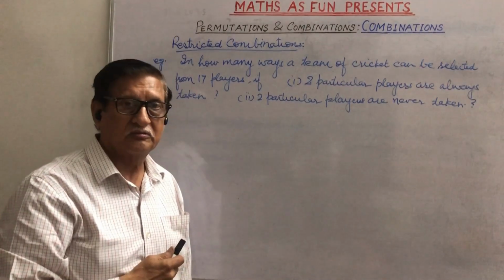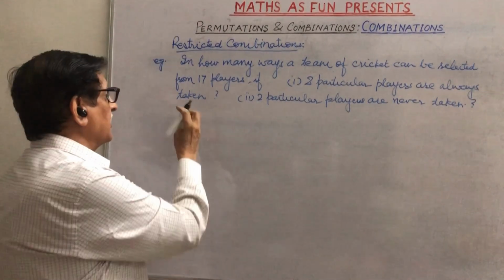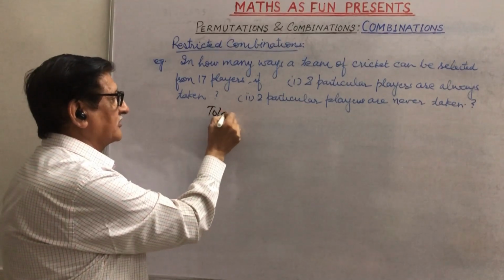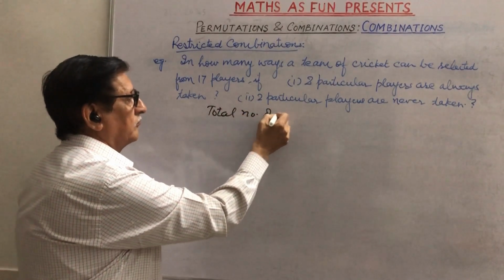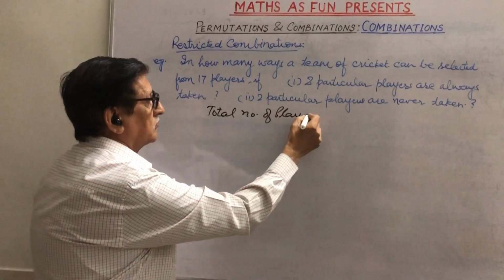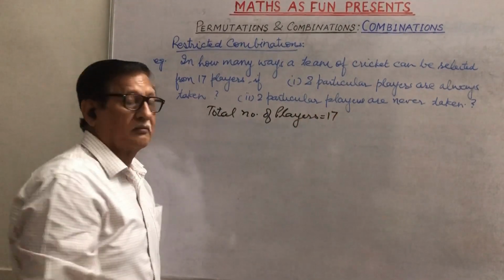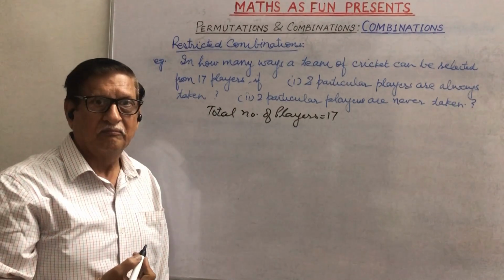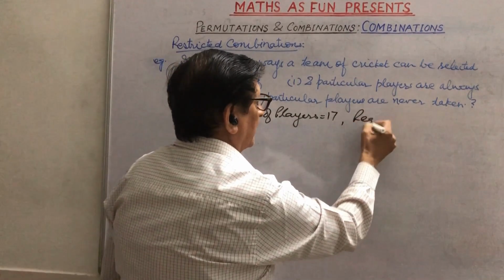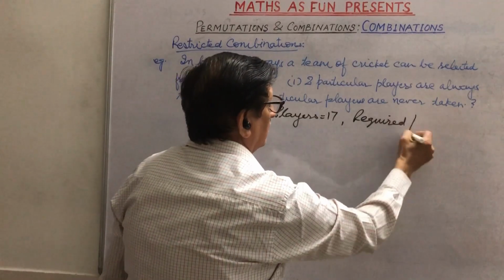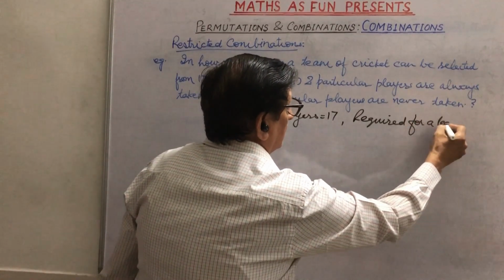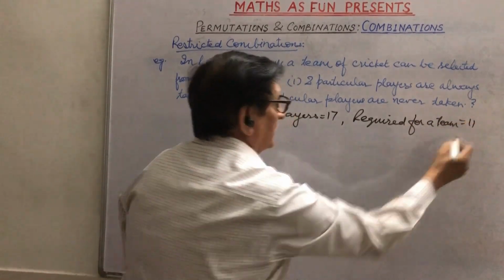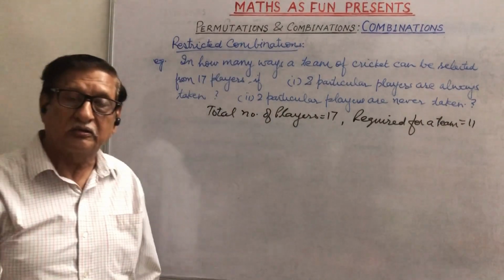How to solve this? See, when the case comes, total number of players we have is 17. How many are required for a team? Required for a team, that is 11. We know that 11 players are there in a team of cricket.